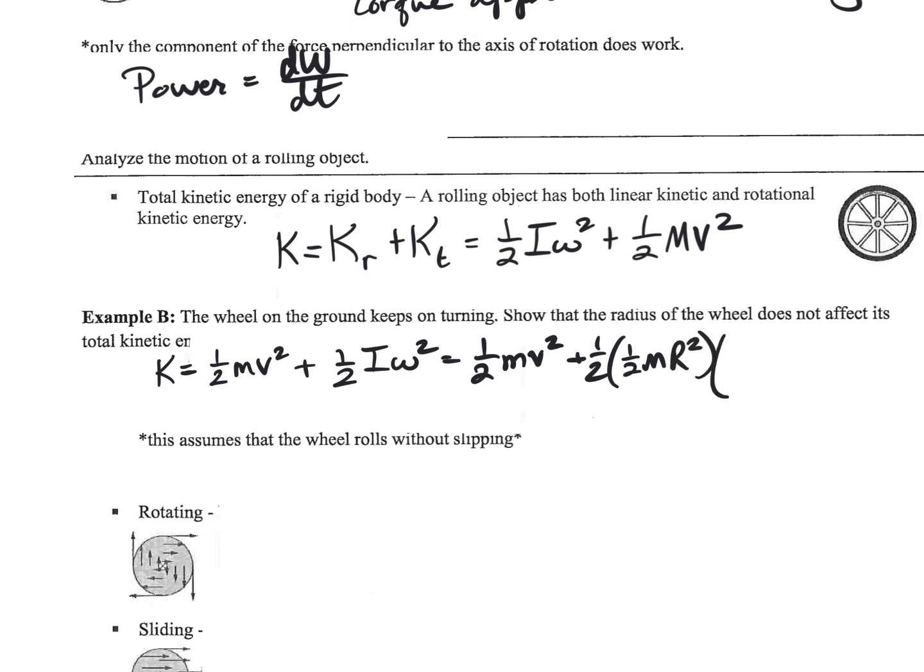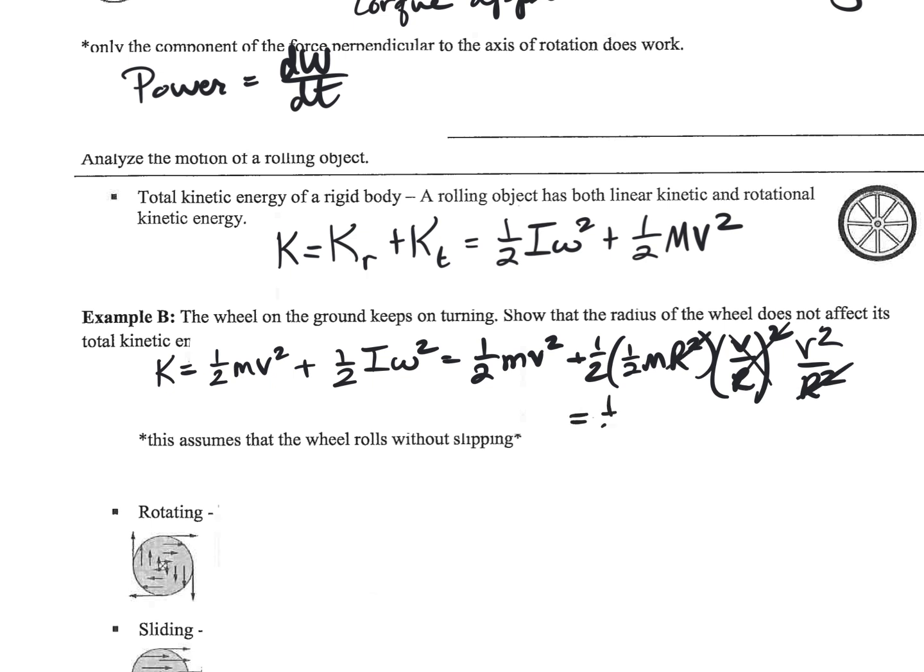What is omega? Alpha is a over r, omega is v over r. So this becomes v over r quantity squared, so it becomes v squared over r squared. And what happens to the r?